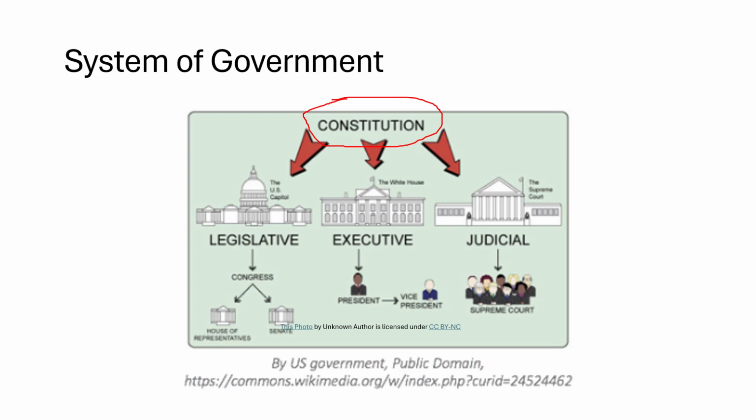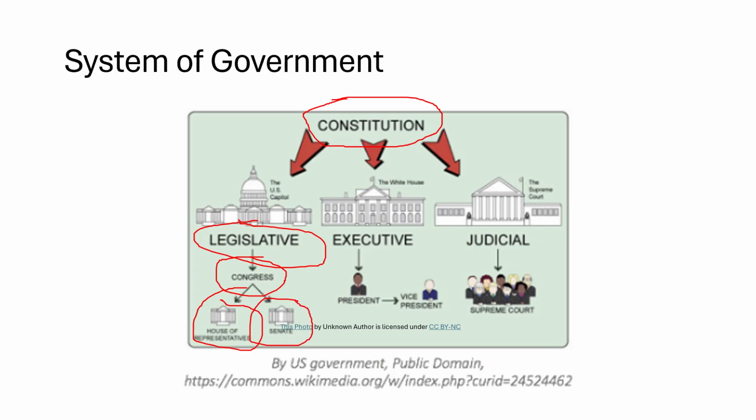Now, the federal government, meaning the national government, is divided into 3 branches. We have the legislative branch that makes the laws. It's primarily made up of Congress, which has 2 parts, the House of Representatives and the Senate.